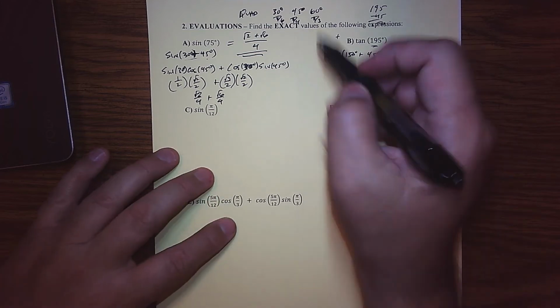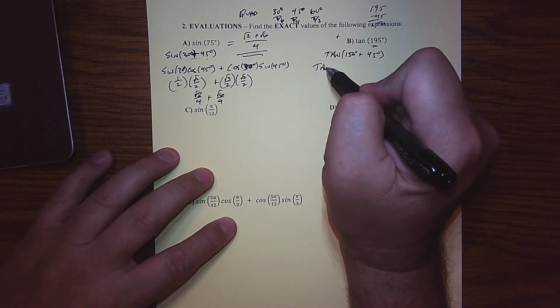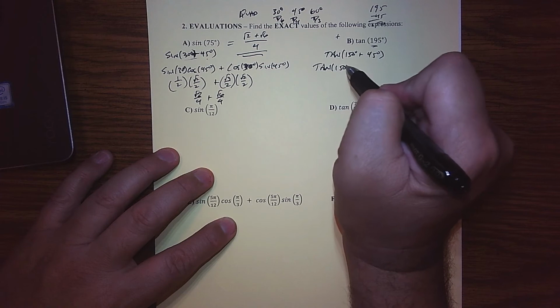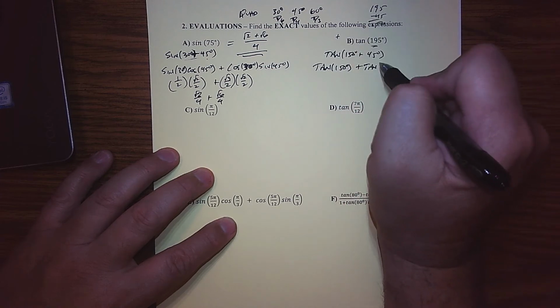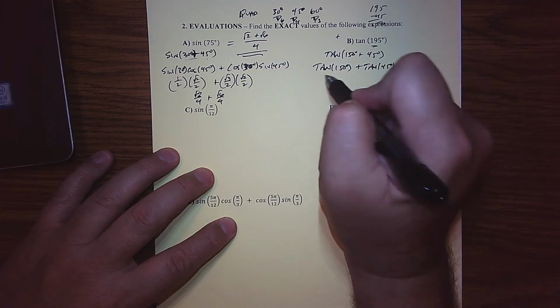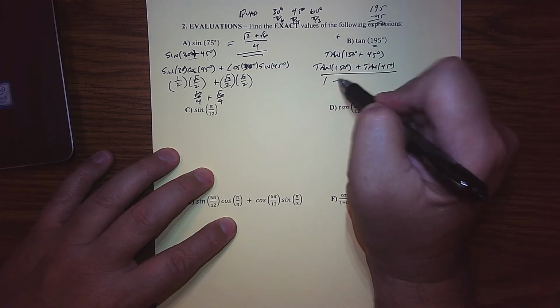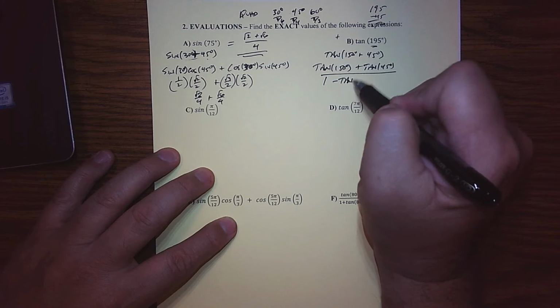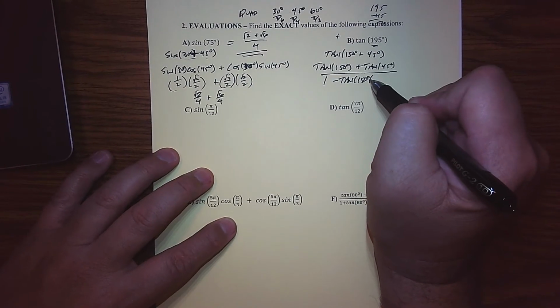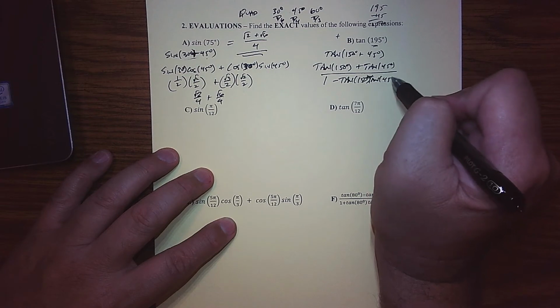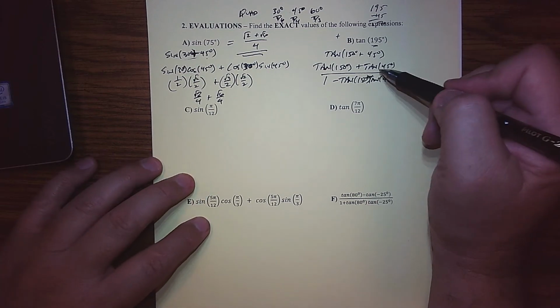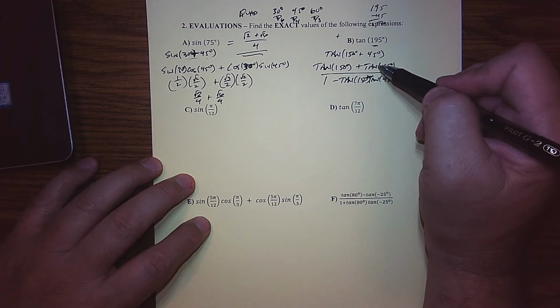So now we invoke the identity. This is the tangent of 150 plus the tangent of 45 all over 1 minus the tangent of 150 times the tangent of 45. Okay, so the good news is the tangent of 45 is 1, right?